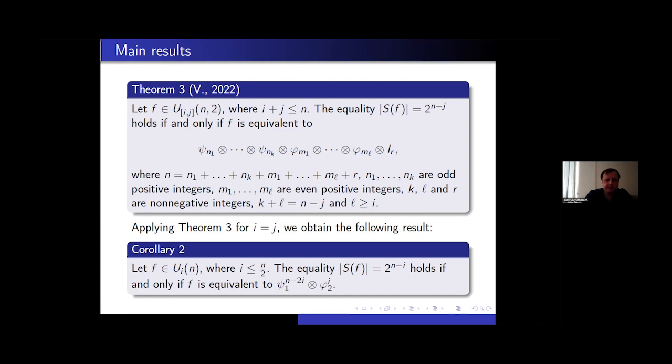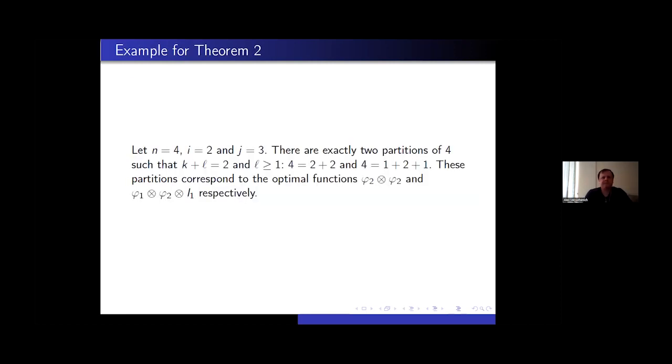Sorry, let me consider one small example for Theorem 2. Let n equal 4, i equal 2, and j equal 3. Then in this case, there are exactly two partitions of 4 such that k plus l equals 2 and l is greater than or equal to 1.